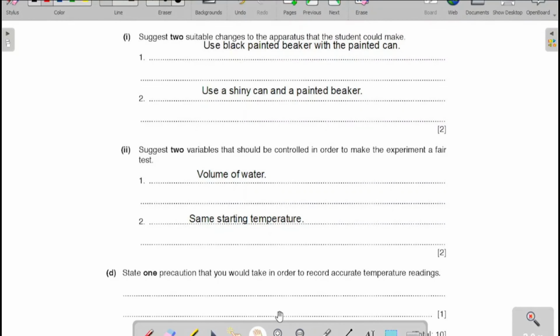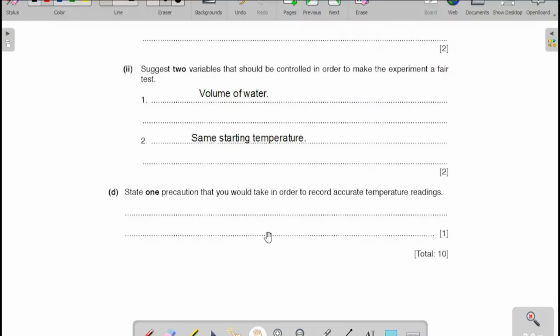Now, state 1 precaution that you would take in order to record accurate temperature readings. You see, when you are having an experiment that has to do with heating water, heating a liquid, different volumes of water, you want to compare temperature, you must ensure that the thermometer does not touch the beaker. That is one. Then secondly, you must continue to stir the liquid.